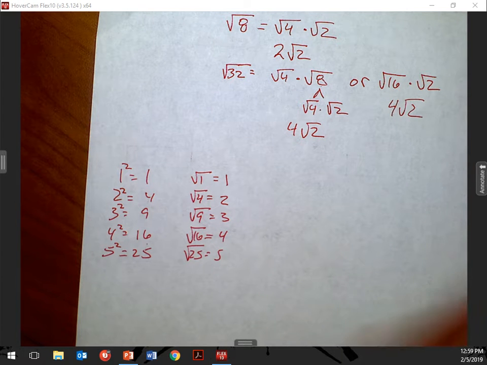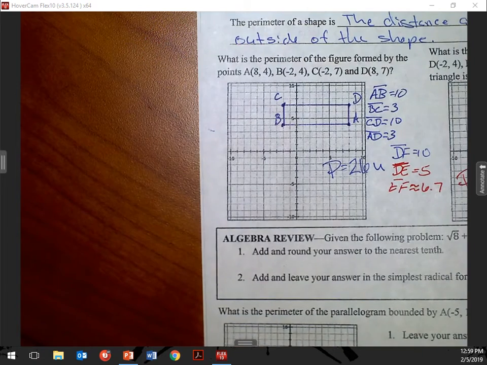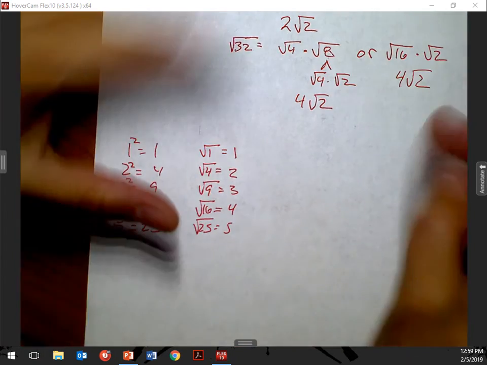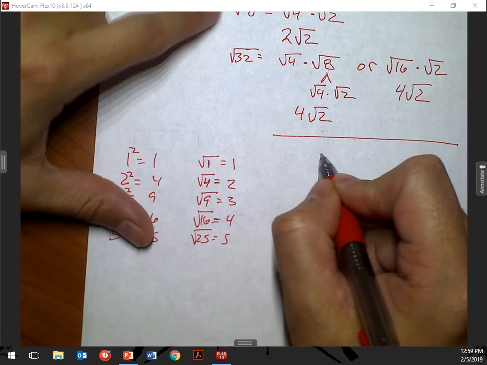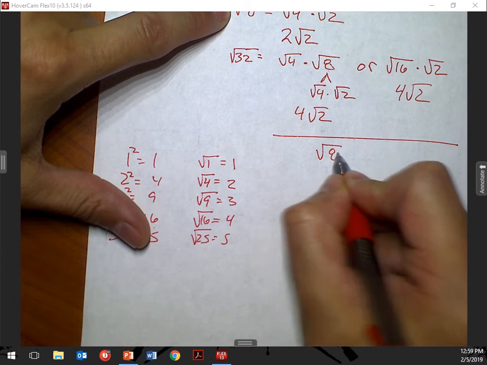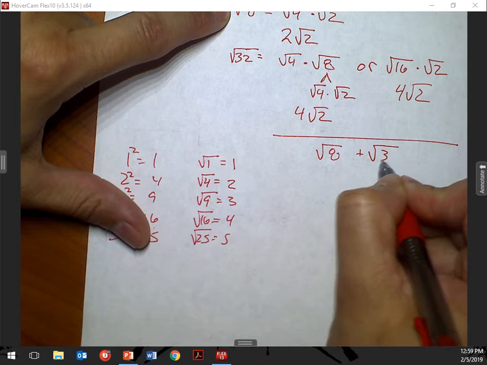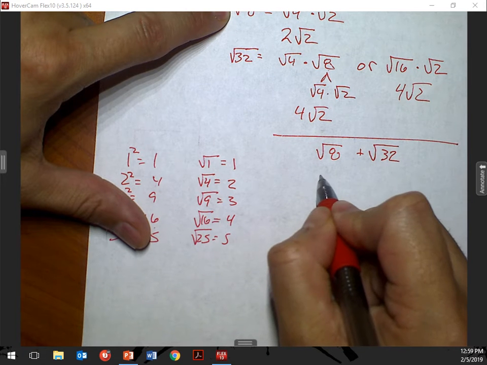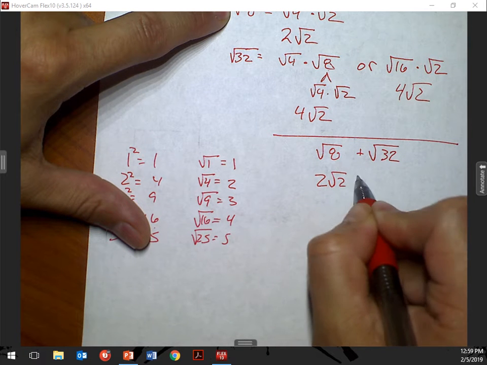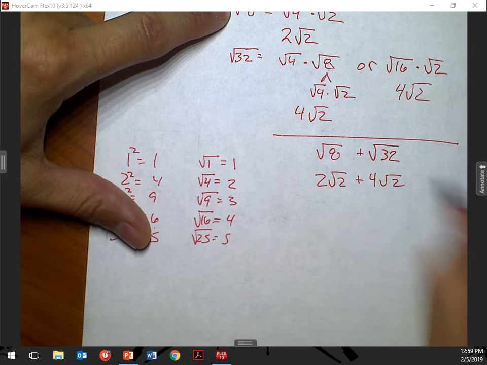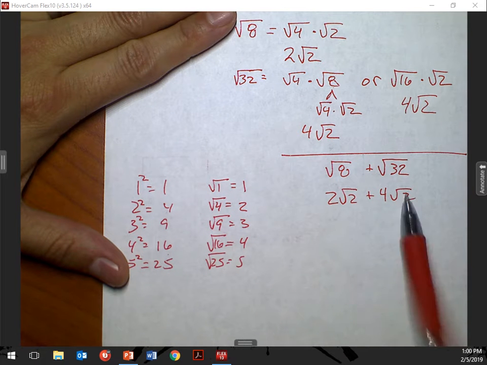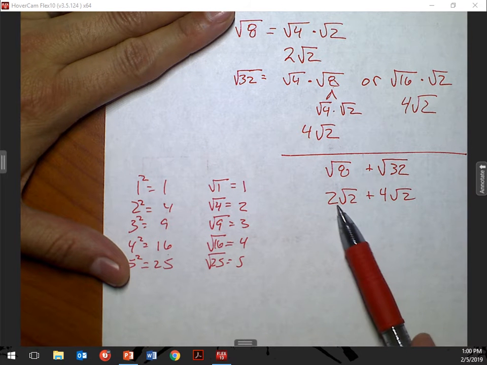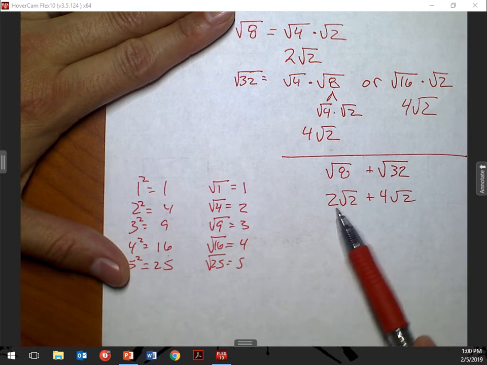All right, so my question said to add them together. My radical 8 plus radical 32 is the same as saying 2 rad 2 plus 4 rad 2. Do they have the same radical? Yes. If they have the same radical, I'm just going to add those together. How many rad 2's do we have here? 2 rad 2's.